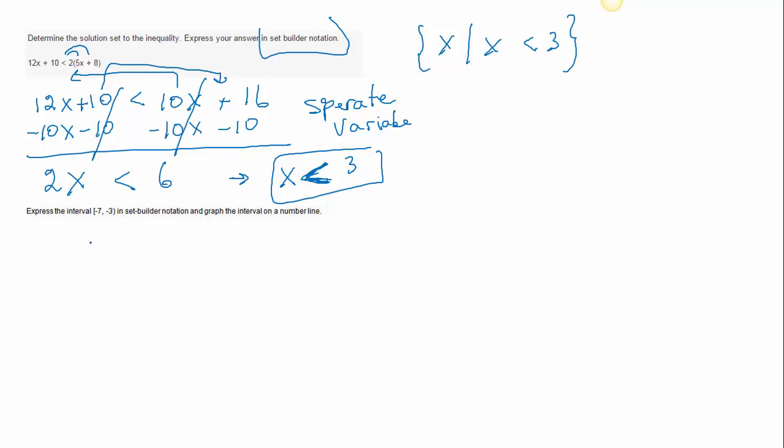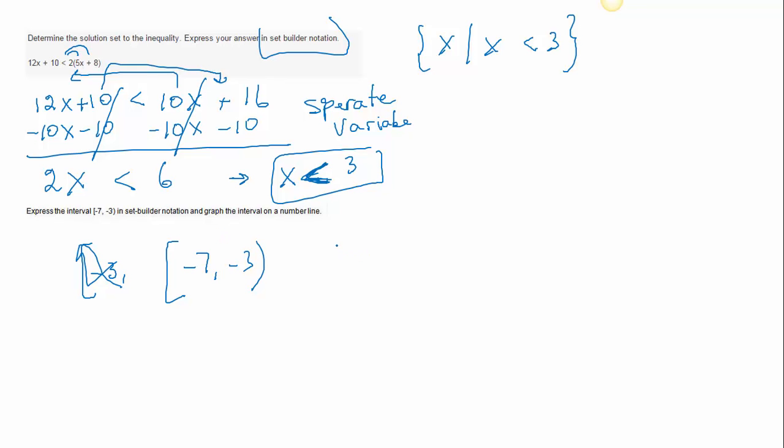Express the interval [-7, -3) in set builder notation and graph the interval on the number line. So we want to write the interval in set builder notation.